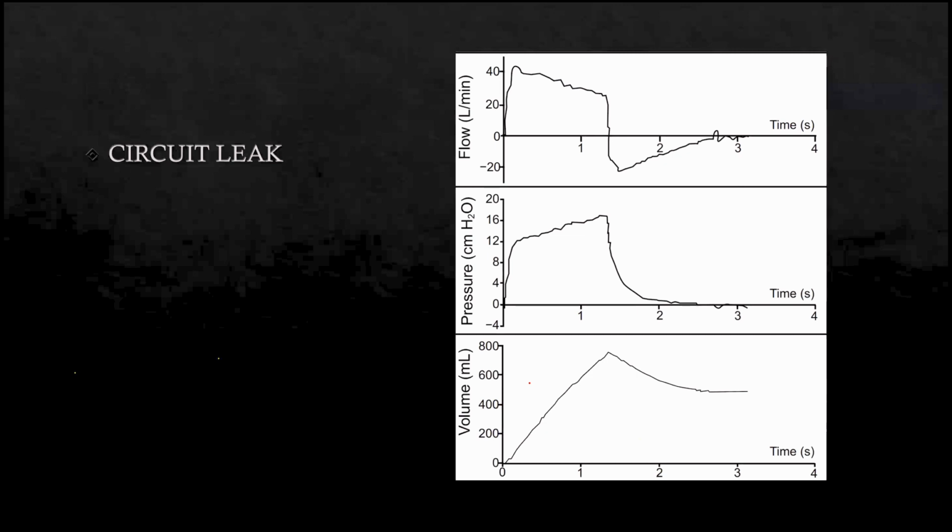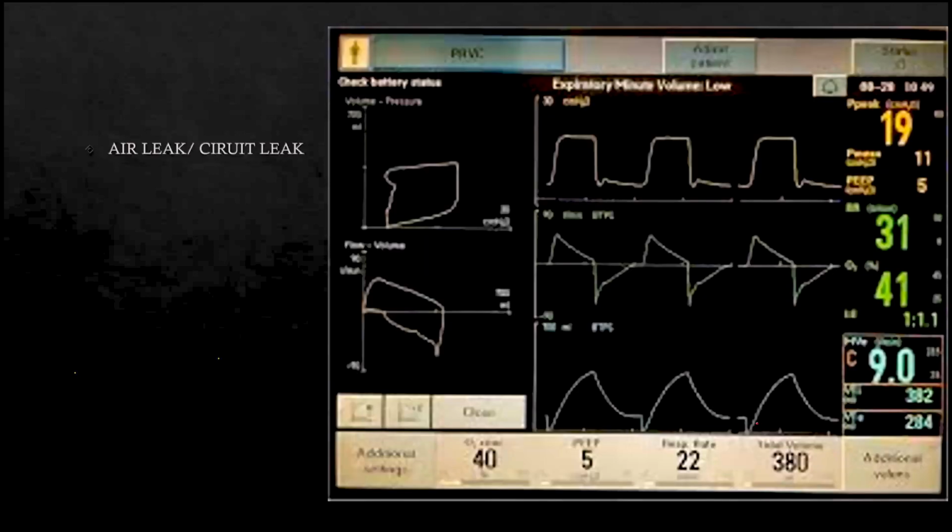Now, another important problem that can be picked up is leaks. As I told you, the important scalar here is the volume scalar, where you find that the expiratory limb doesn't touch the baseline and just tails off. You might even find a sudden cut here, which indicates that the patient has a leak somewhere, or the system has a leak somewhere.